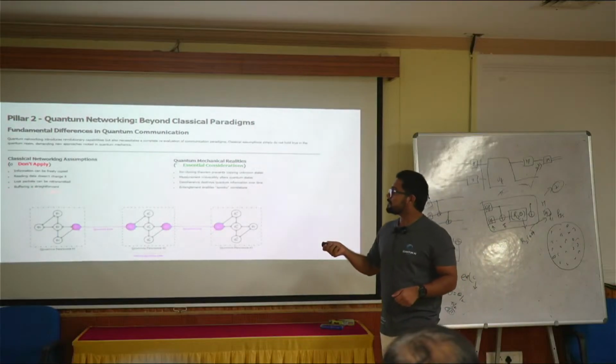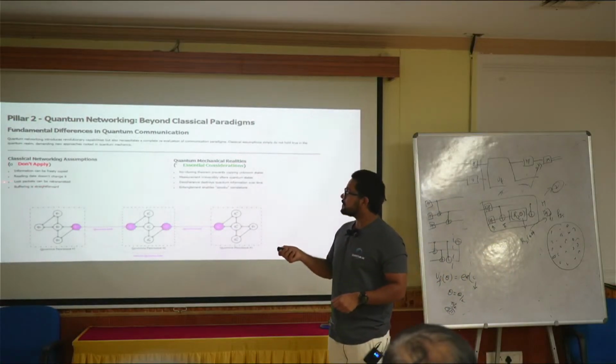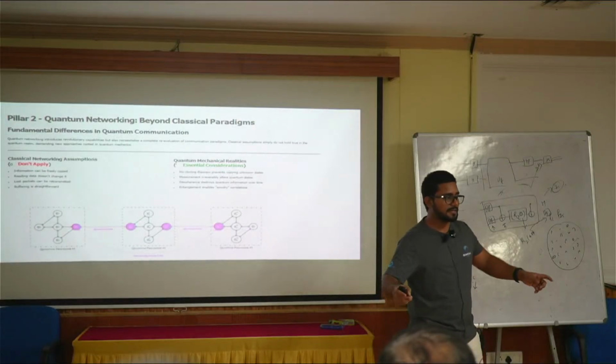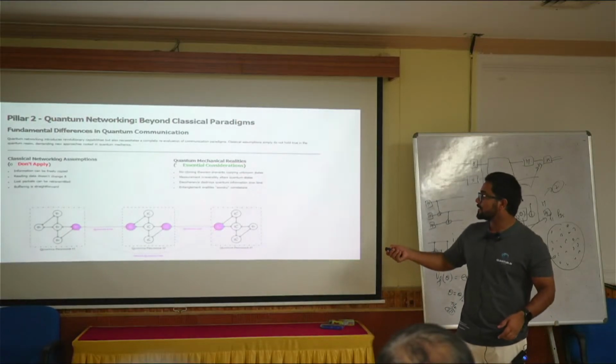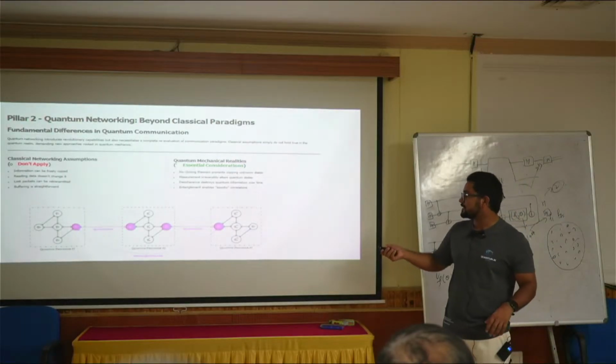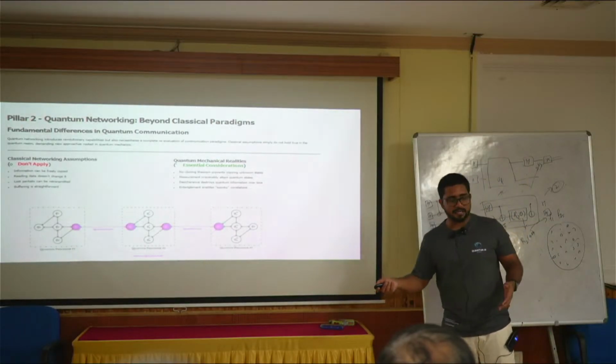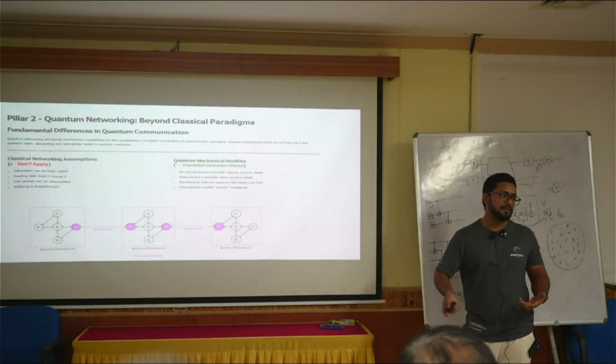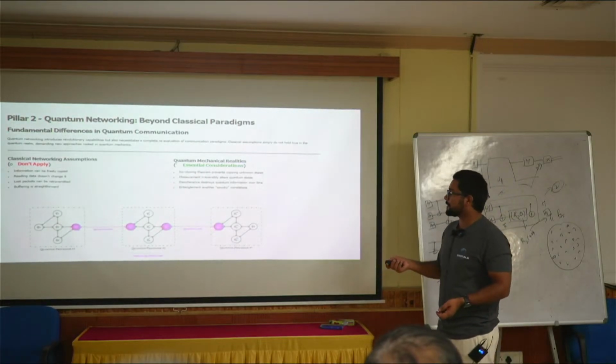And in classical there is buffering, and you have to connect with a direct connection. But in quantum there is entanglement, which acts as a spooky action at a distance, and without a direct connection your data can be transported or teleported.